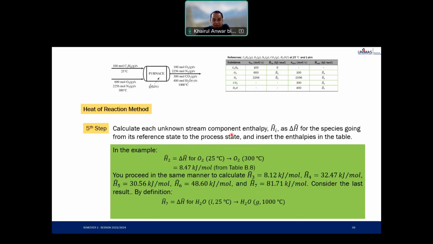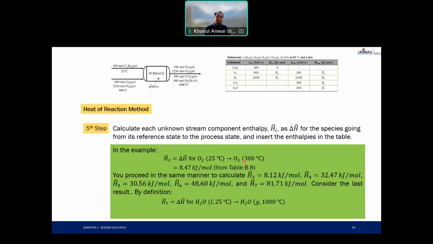Calculate each non-zero component enthalpy, H for the species going from the reference state to the process state, and insert the enthalpies in the table. In the example, H2 is for oxygen, from 25 degrees C to 300 degrees C. 25 degrees C is the reference, but the temperature of oxygen going into the furnace is 300 degrees C, so you need to calculate it.